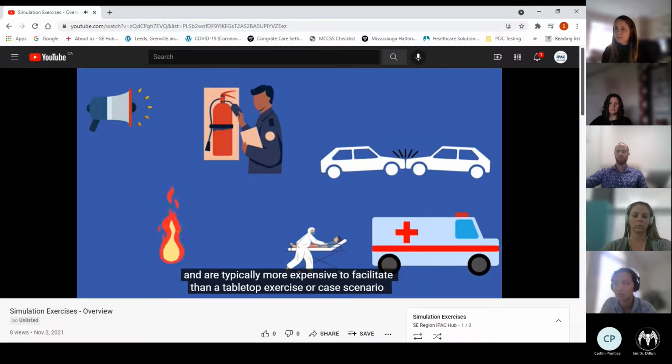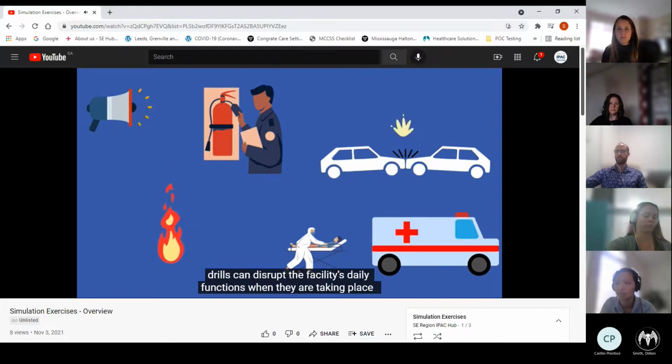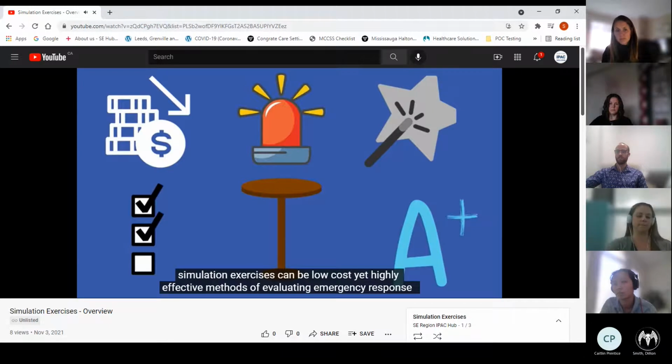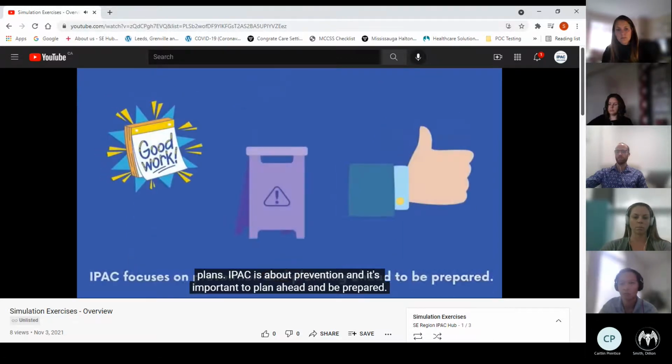These involve more personnel and are typically more expensive to facilitate than a tabletop exercise or case scenario. Drills can disrupt the facility's daily functions when they are taking place. Simulation exercises can be low-cost, yet highly effective methods of evaluating emergency response plans. IPAC is about prevention, and it's important to plan ahead and be prepared.